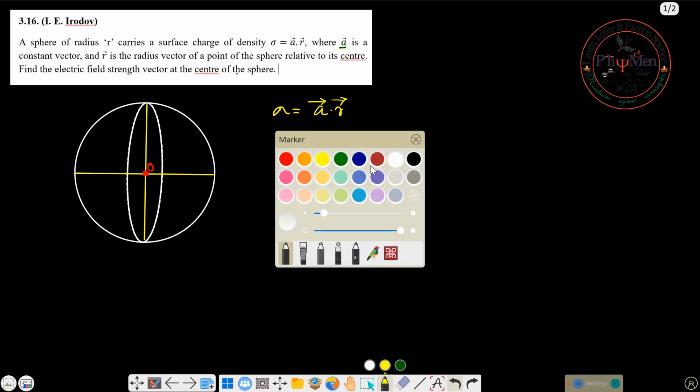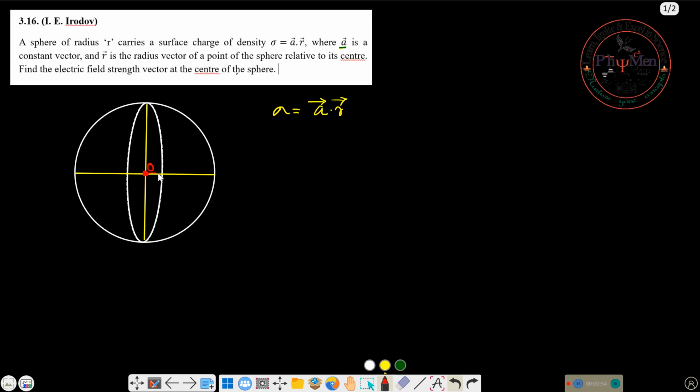So let me take this as the constant vector, and this is the r vector. This is the radius vector. So this gives us a r cos theta.